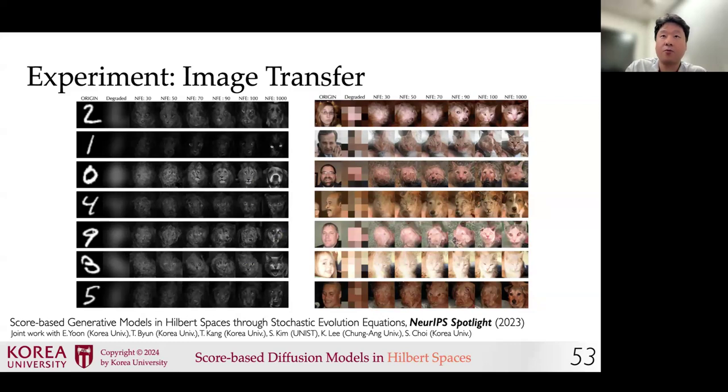Then starting from this image, we can sample the animal image from these blurred images, which started from the MNIST dataset. On the right-hand side, we transform human face images to AFHQ, the animal face images, starting with pixelated images from the human faces. I would like to mention that this generation was possible without any additional training.